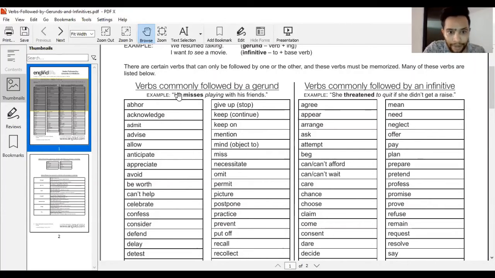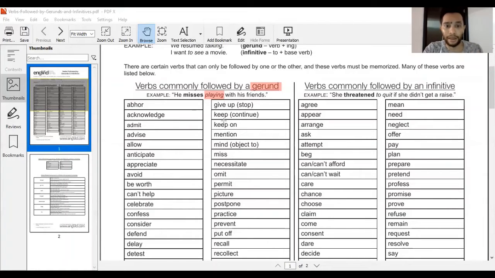Like in the example we have right here, we have the word miss, which is in this list, right? Take a look. He misses, and what happens? The verb pattern always, guys, takes on the second verb. As you can see here, verb number 2 is the one that takes on the verb pattern, in this case, the gerund verb pattern, right?